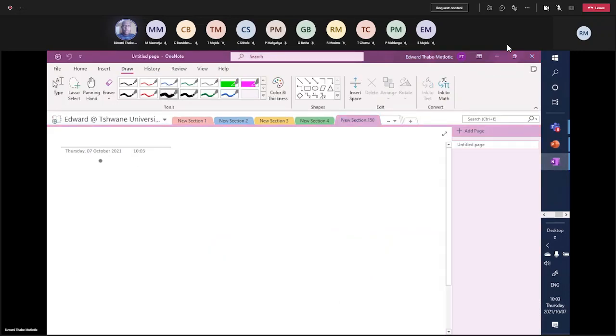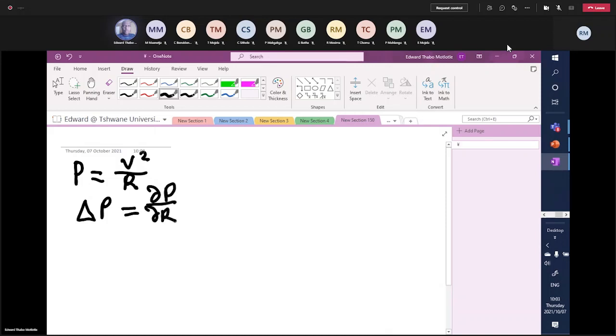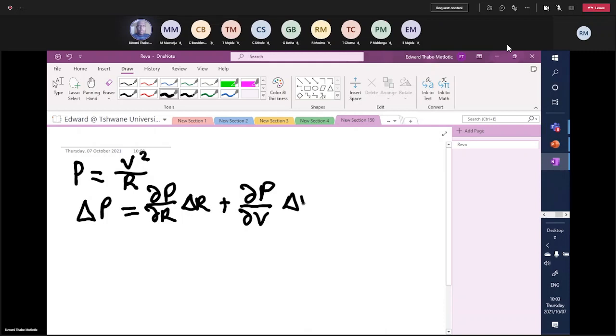P is given. P is equal to V squared over R. And then I said the formula for small change is delta P equals you differentiate P partially with respect to R multiplied by change in R, plus you differentiate P partially with respect to V multiplied by change in V. Now, if I differentiate P with respect to R, what do I get?